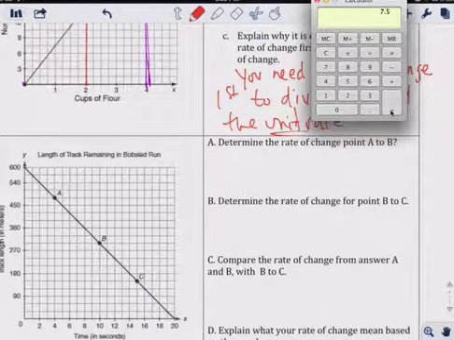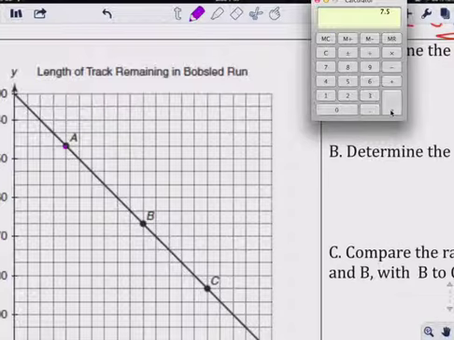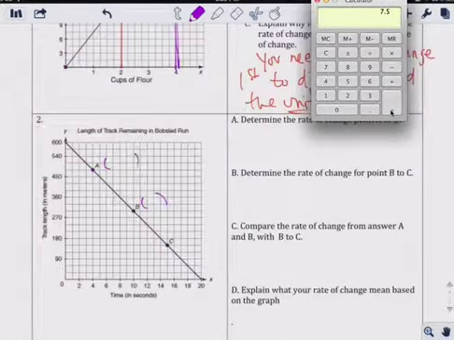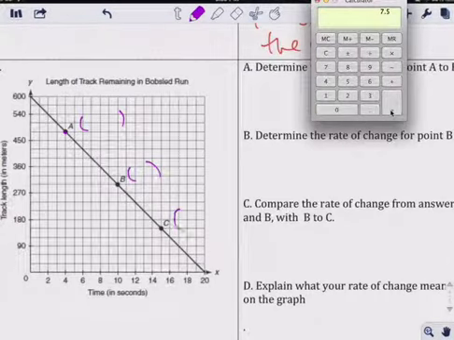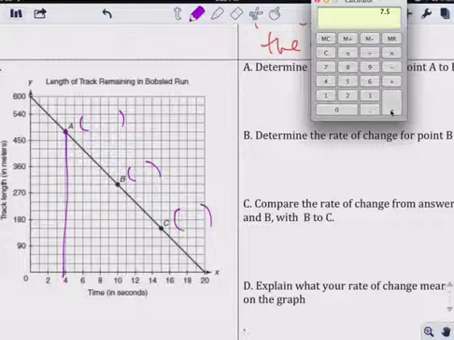Okay, find the unit rate from A to B. A, B, oh, and then they want C also. C, let's just put them all in. A is 4 seconds. This is time in seconds. And over here, let's see how far that is. It's going up by 30.